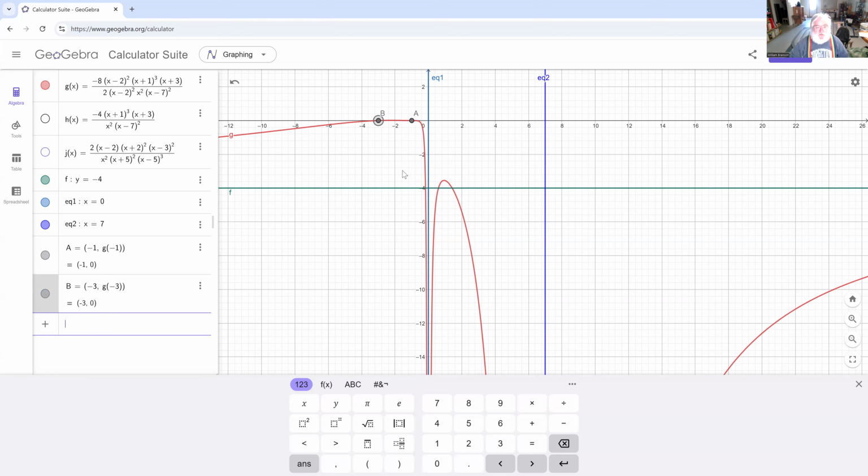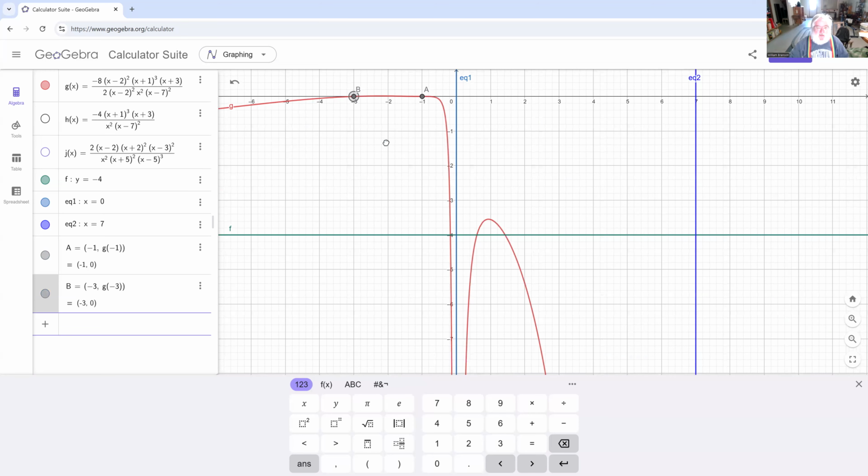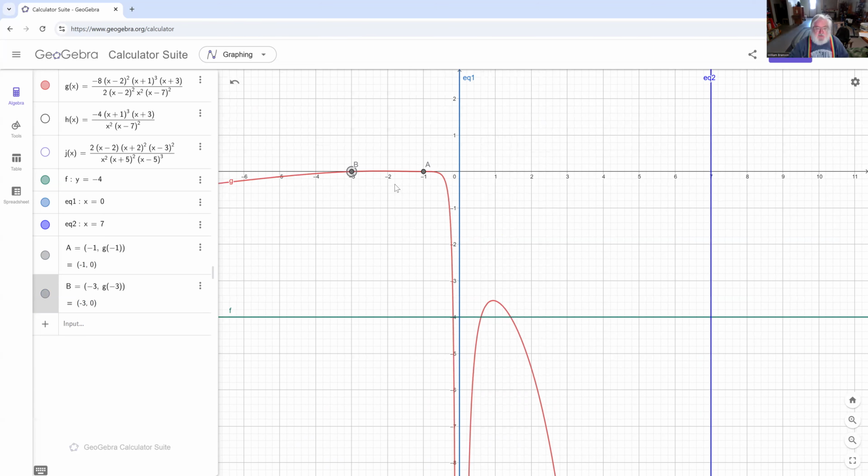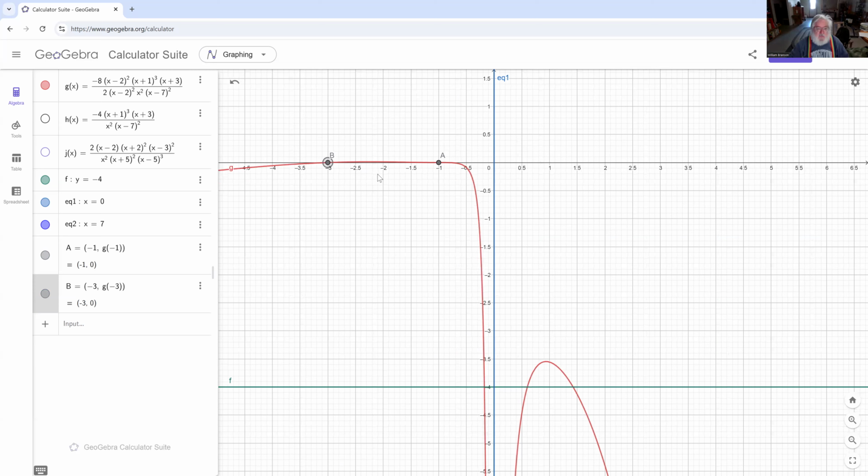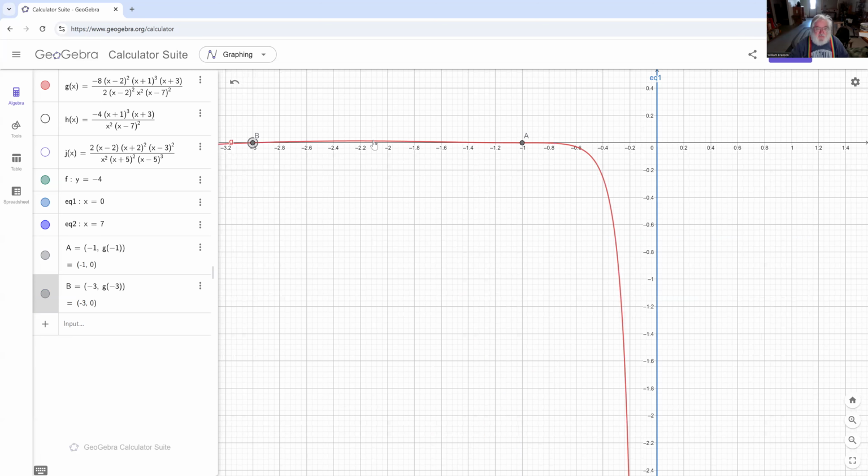So those are two x-intercepts. The graph is actually positive in between there, except it's very, very low. You can see it being a little bit positive there.